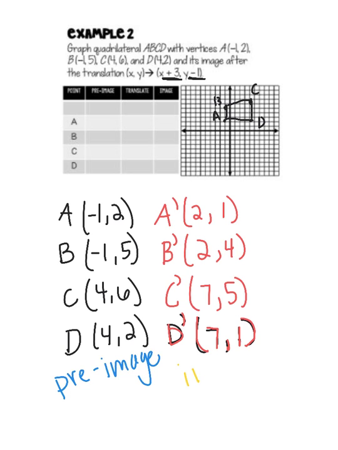Now our actual image is after the translation. So A prime is 2, 1. B prime is at 2, 4.